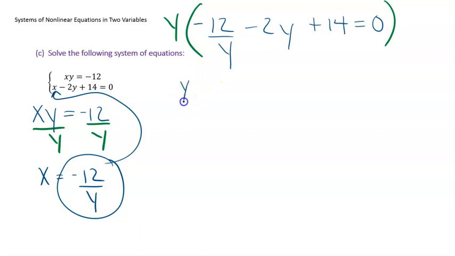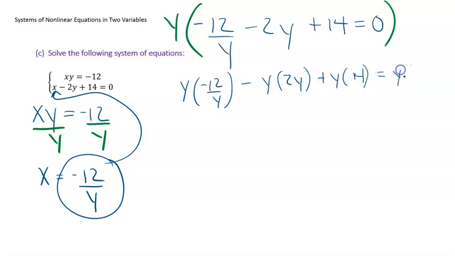So you have y times negative 12 over y, and you have minus y times 2y plus y times 14 equals y times 0. I put that y in front of every one of these terms on the left and on the right. Now, why did I do that? These y's cancel, and I get negative 12. This negative y times 2y is minus 2y squared.